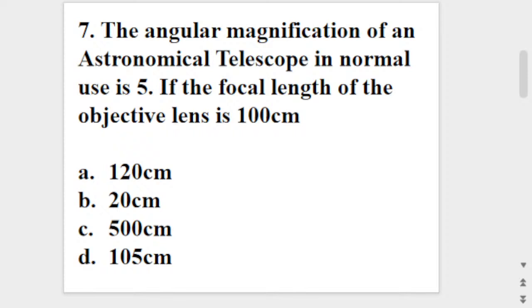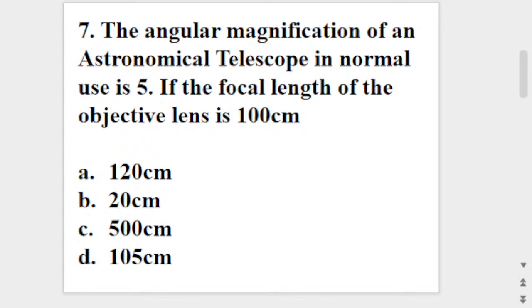The formula for angular magnification of an astronomical telescope is M is equal to the focal length of the objective lens divided by the focal length of the eyepiece lens. And the question is, what is the length of the telescope?